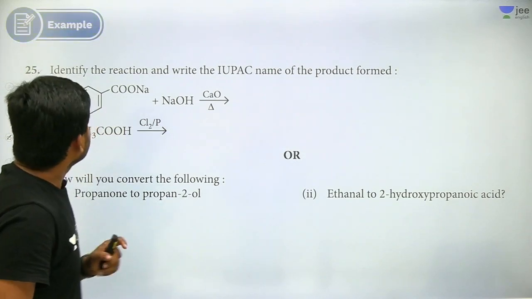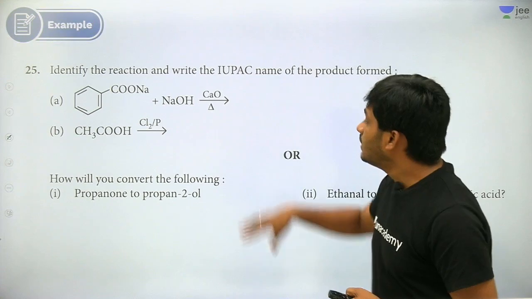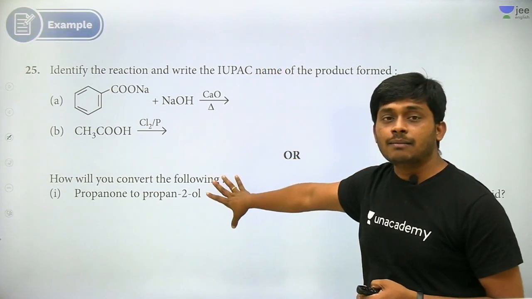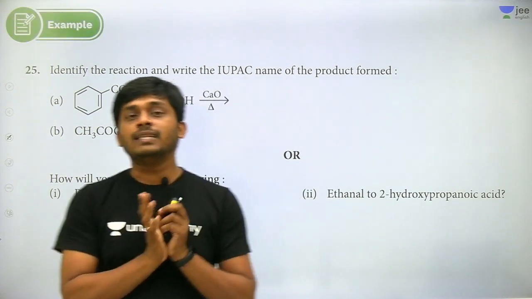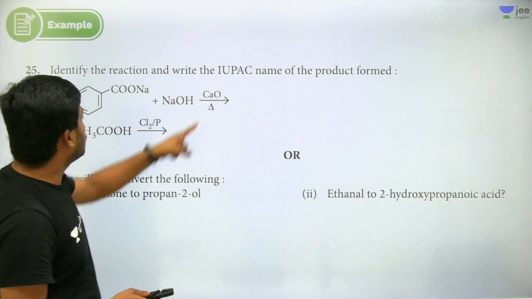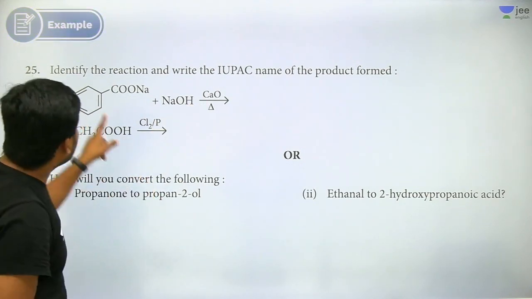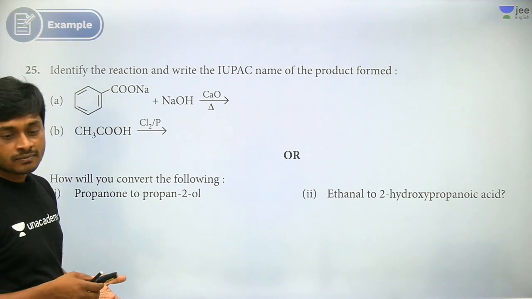See, next question. Now, choice is there. Complete organic question. So, just write the products. If you write the product, then you will get 2 marks here. 2 equations. First question, what is this? Decarboxylation? Yes or no?